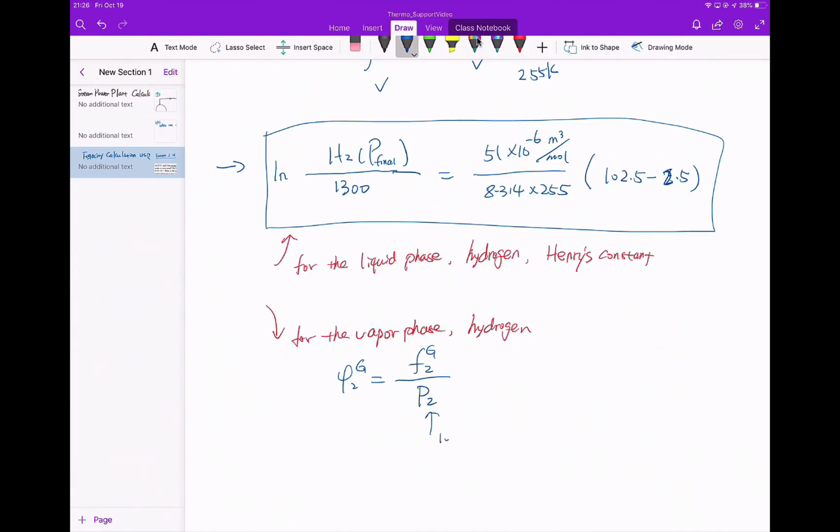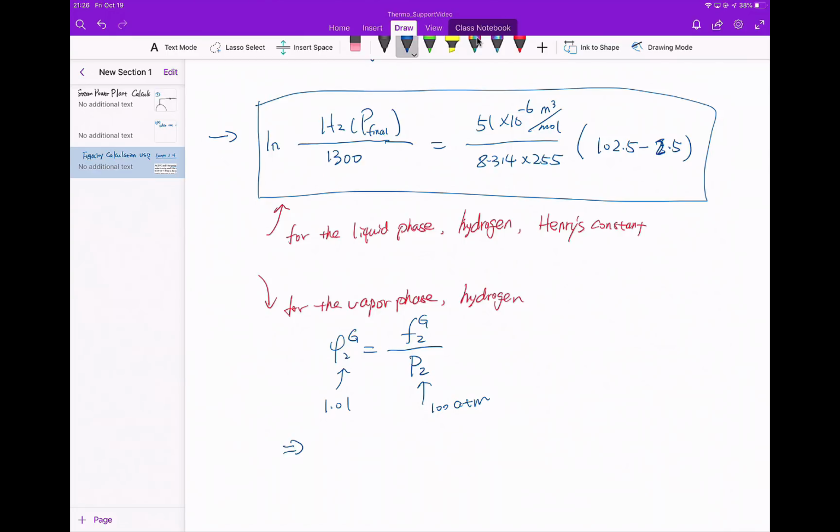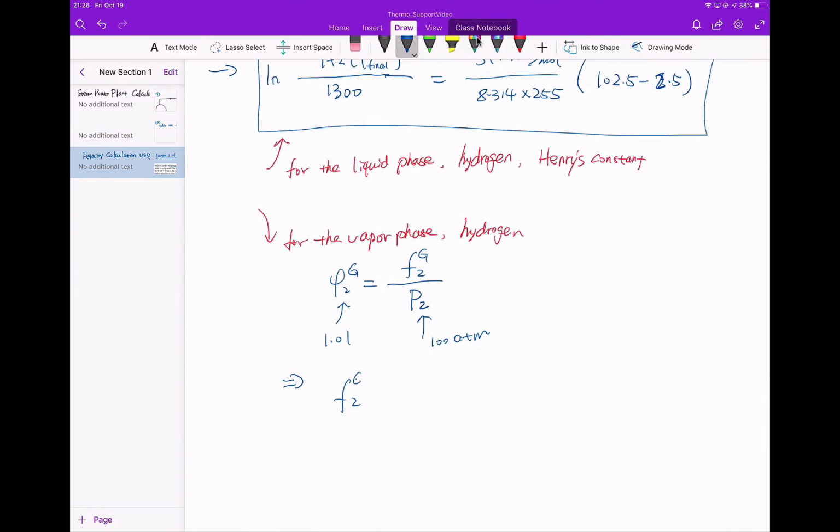This is 100 atm, and that value from the problem statement is 1.01. So the fugacity of hydrogen in the vapor phase should be 100 times 1.01, which is 101 atm.